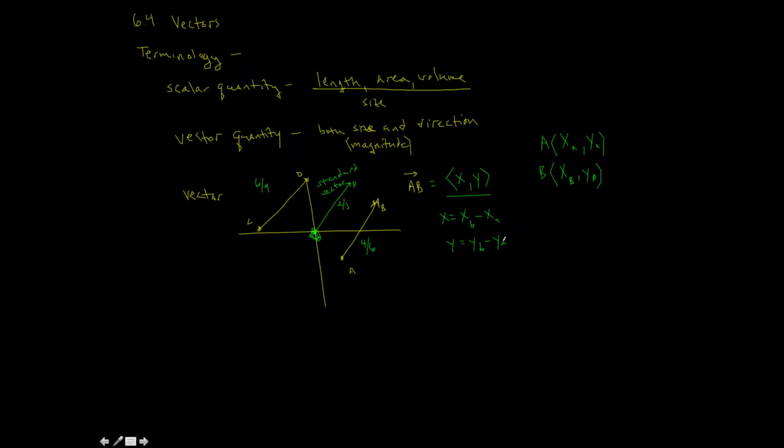Alright, so let's look at an example of this. For instance, if we're given that the geometric vector AB has an initial point A, which is 8, -3, and the terminal point B is 4, 5.